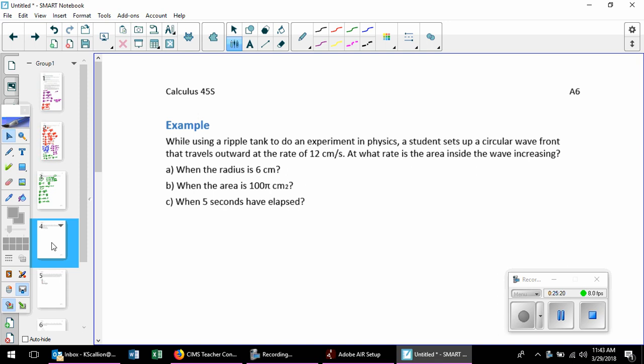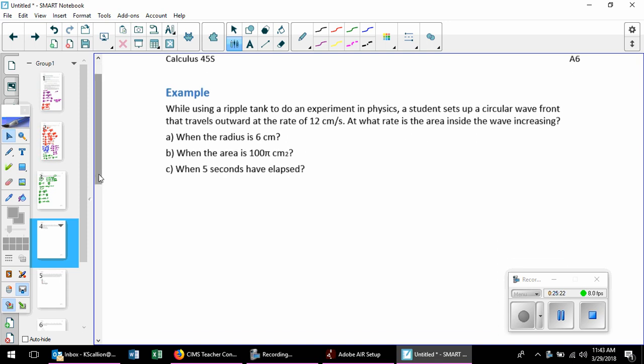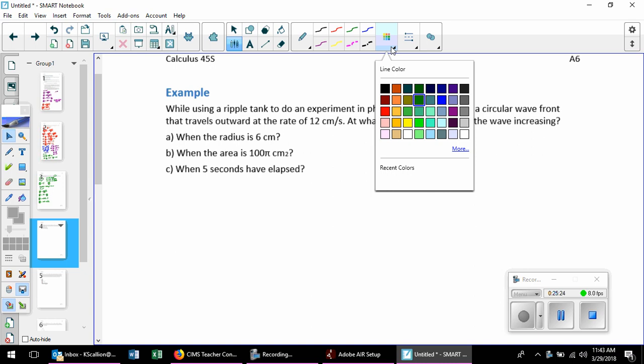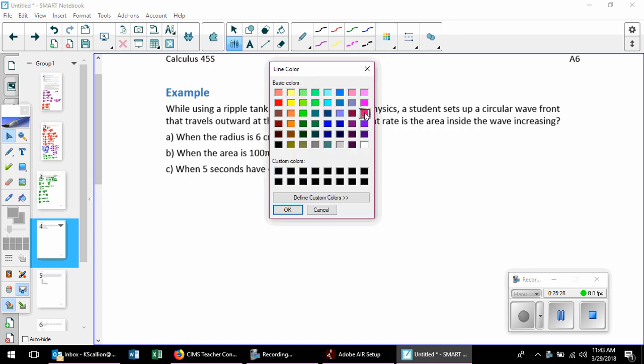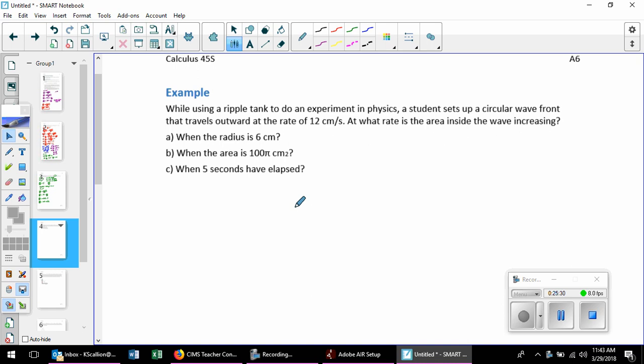Define our variables. Let's define our... what's our variables in this? T for time. Perfect. What else?